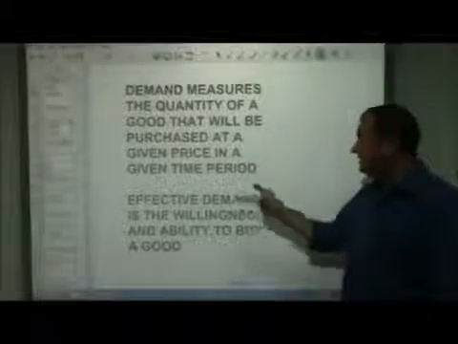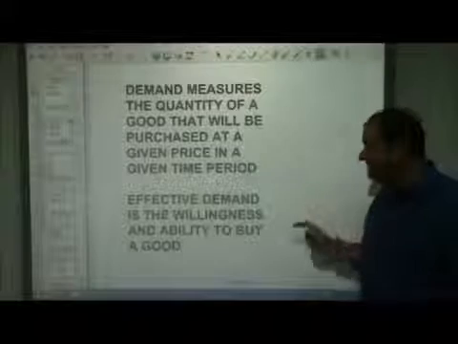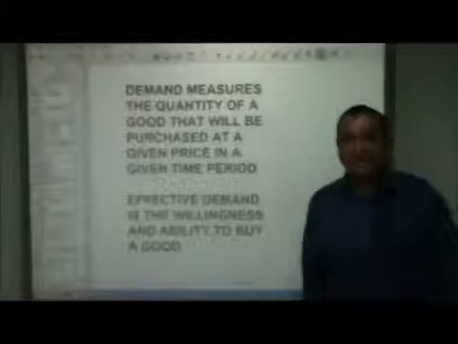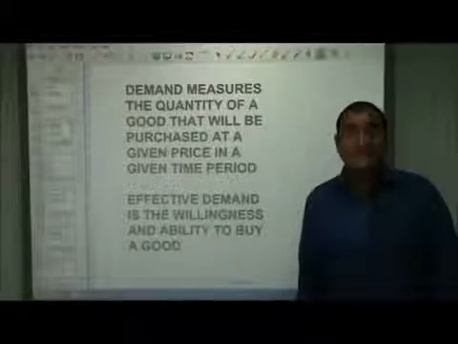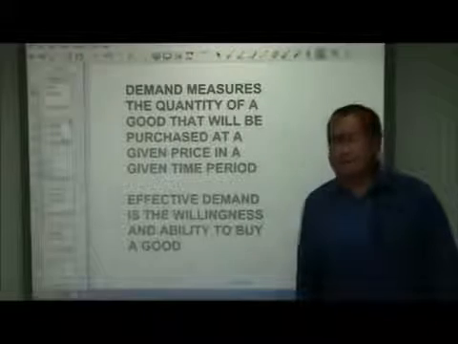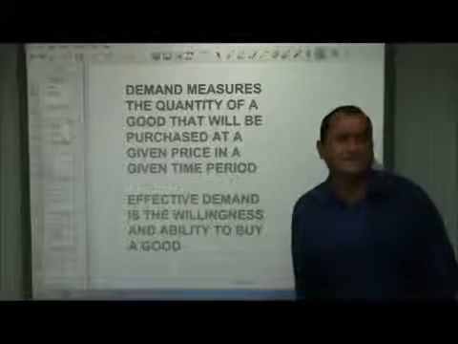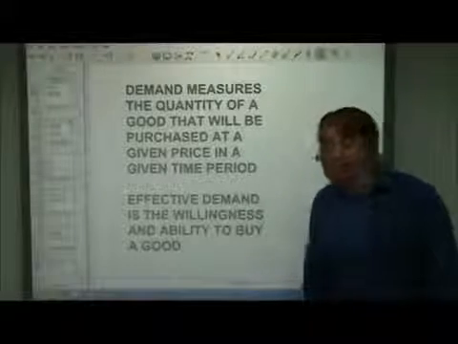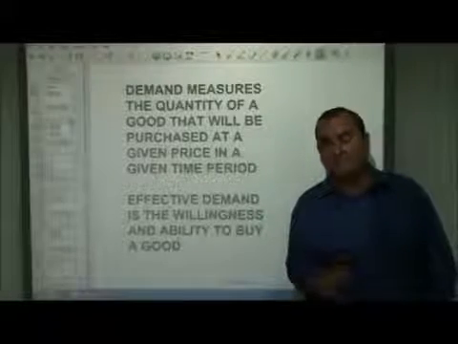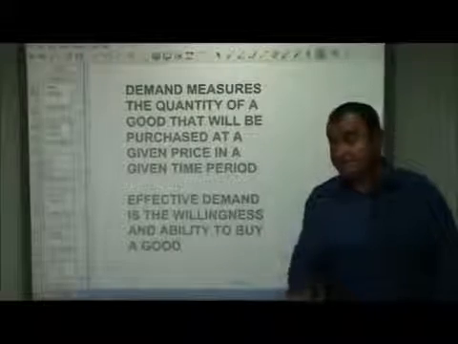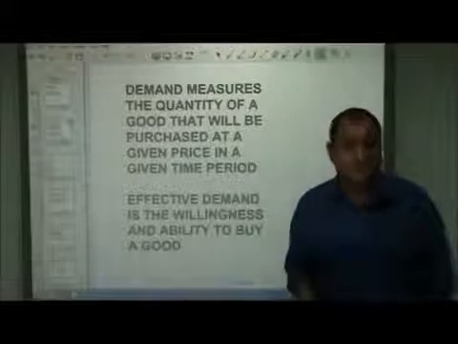Now, note that effective demand is the willingness and ability to buy a good. I have the ability to go out and buy kilos and kilos of potatoes today, but I'm not going to. I don't have the willingness. I have the ability, but I'm not going to demand those potatoes because I don't want those potatoes.